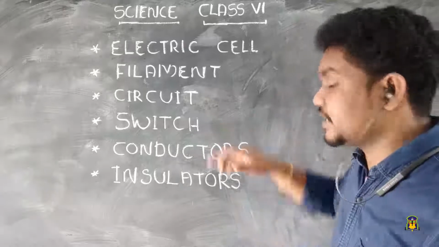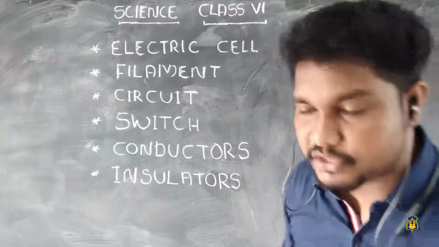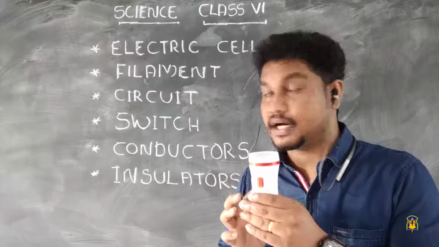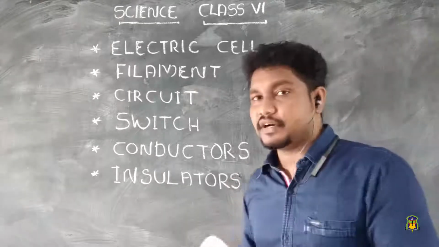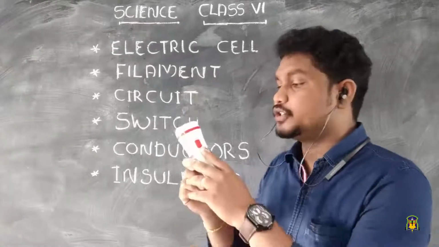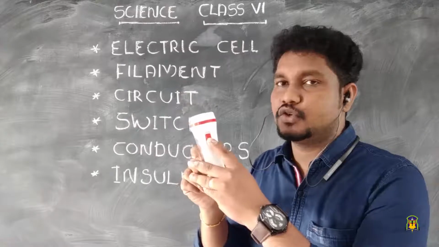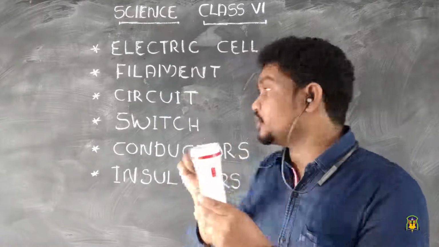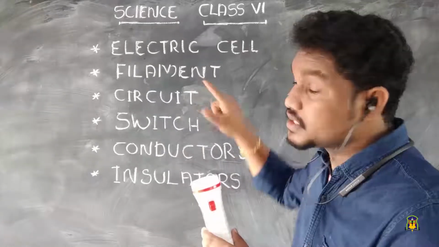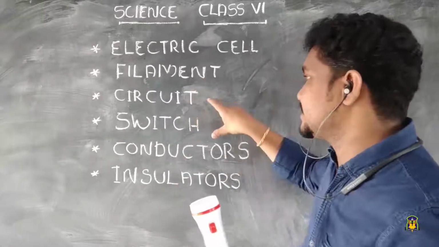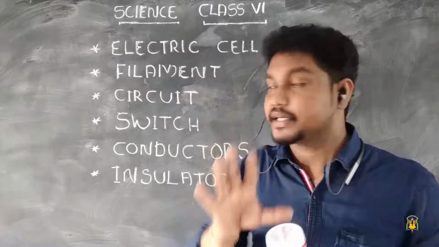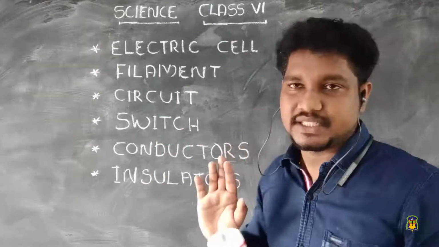Then after that, the switch. What is meant by the switch? In our torch, so many devices are there. This was also shown in the introduction part, and I will explain the working of the switch. The switch has two modes, on position and off position. It is related to the circuit, open circuit and closed circuit, which we already discussed. The bulb will glow in the case of a closed circuit.